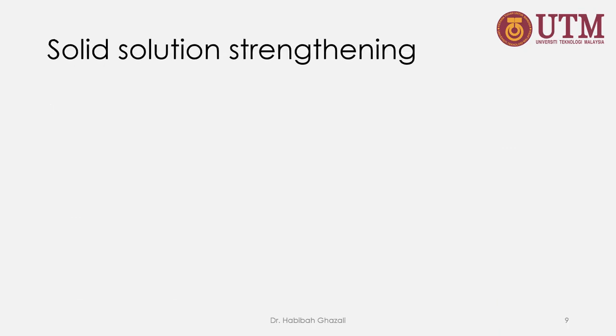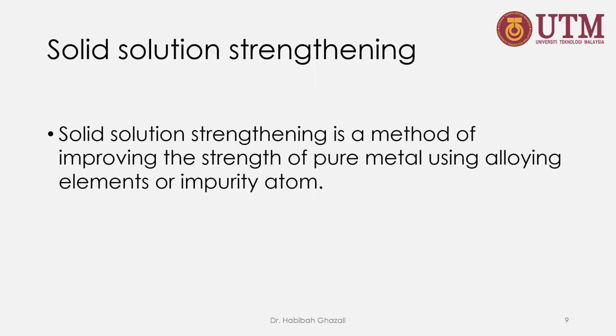So the second mechanism to strengthen metallic material is solid solution strengthening. Solid solution strengthening is a method of improving the strength of a pure metal using alloying elements or impurity atoms. The principle of solid solution hardening is based on the distortion of the lattice by foreign atoms.